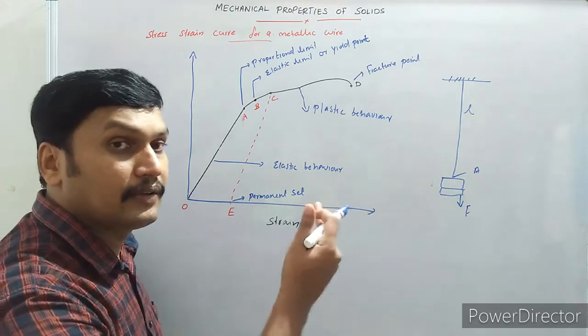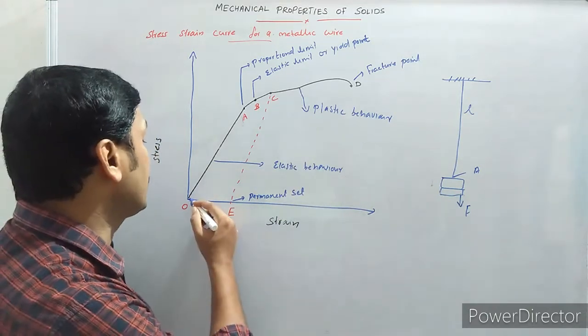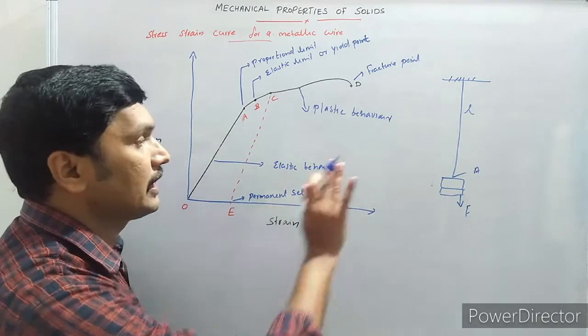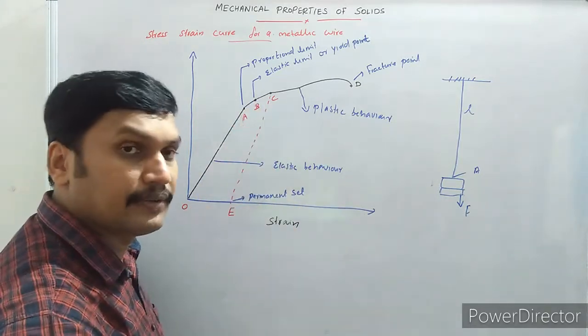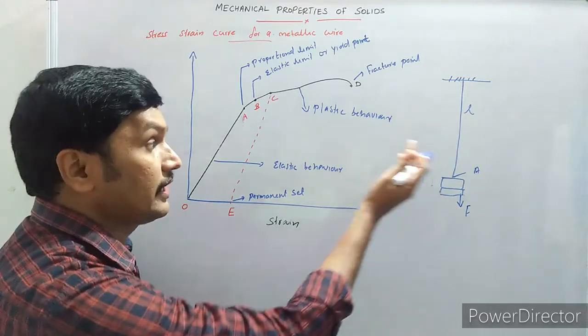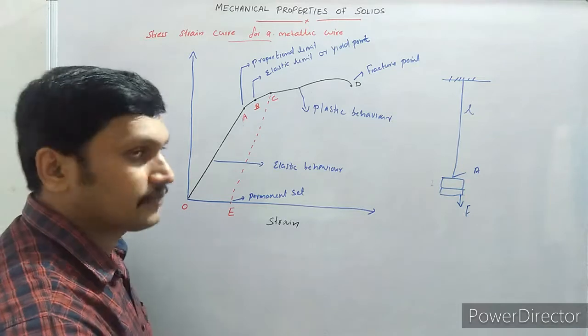Beyond B, we cannot regain the original configuration. So the part of this curve OB is known as elastic behavior. Up to the point B, the string can come to the original length even if you remove the stress.